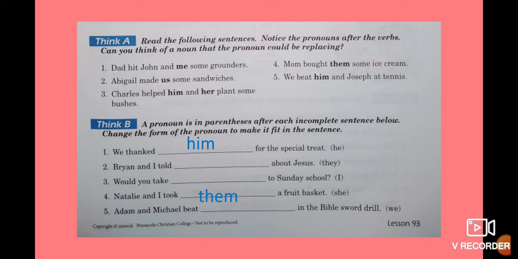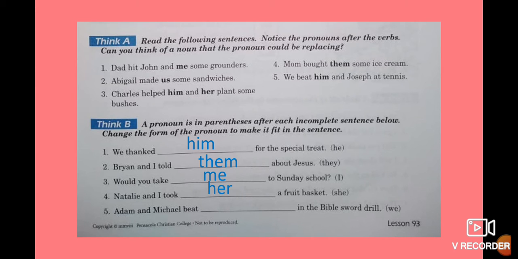Brian and I told them about Jesus. Okay, excellent. Number 3, would you take me to Sunday school? Because we change the subjective into objective. Number 4, Natalie and I took her a fruit basket.